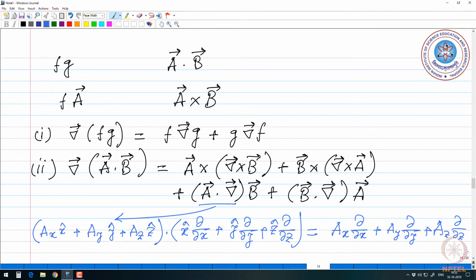This is an operator and we cannot really commute this dot product the other way around. That means we cannot bring this del operator to the left and take the vector to the right. That is not allowed. So we end up with a scalar differential operator as a result of this dot product.